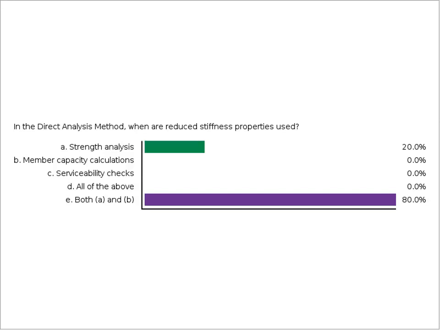Is it A, strength analysis, B, member capacity calculations, C, serviceability checks, D, all of the above, or E, both A and B?